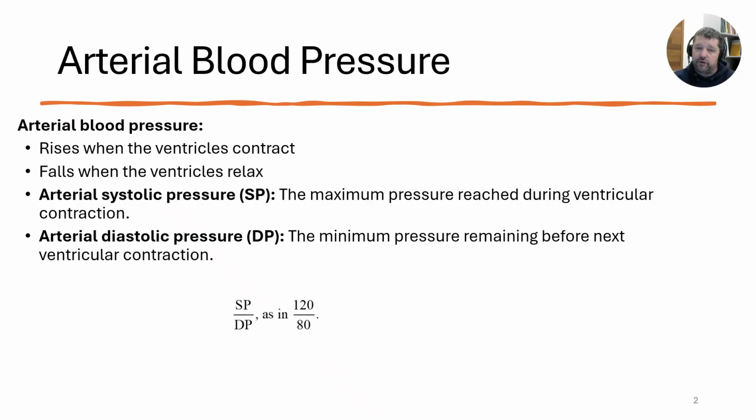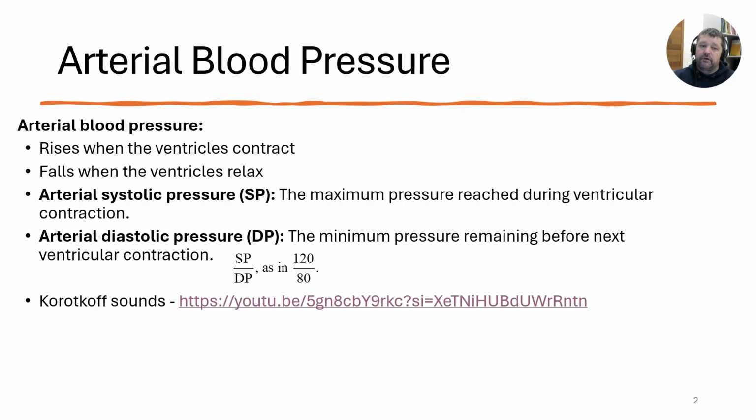Okay, so we typically write it as systolic over diastolic, or in many cases for healthy individuals, about 120 over 80. 120 is the millimeters of mercury needed to force the blood out during a ventricle contraction, and 80 is the millimeters of mercury that remains after the contraction has occurred.